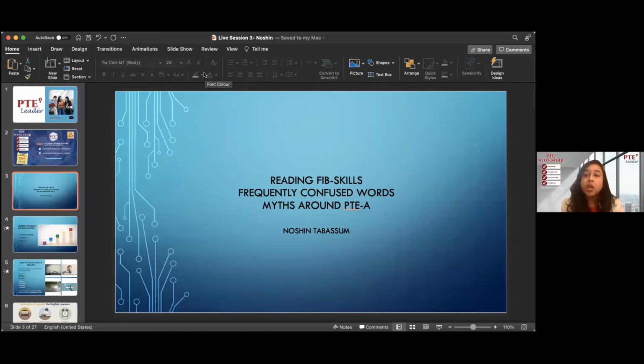We are also going to talk about some confused words which are pronounced in the same way, but the meanings are very different when you write them. And we're also going to talk about some myths around PTE.